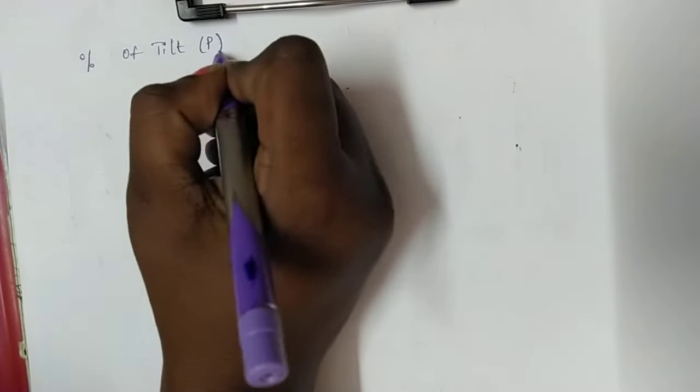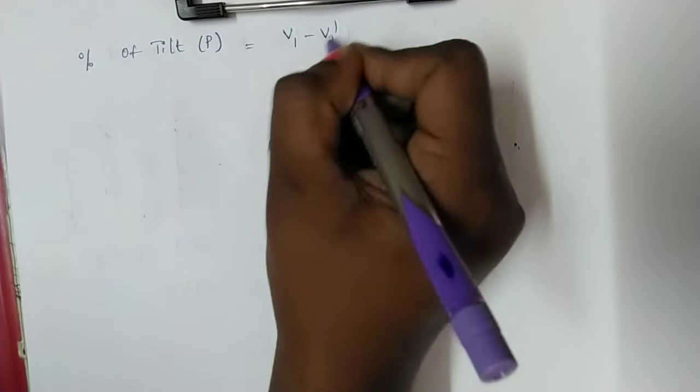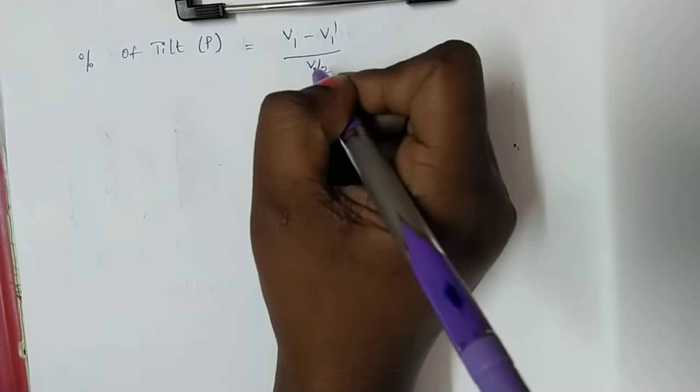That means there will be a change in the output waveform, and that change is calculated by using the percentage of tilt. The percentage of tilt is represented by P, and it is defined as V1 minus V1 dash by V by 2. So what are these terms?